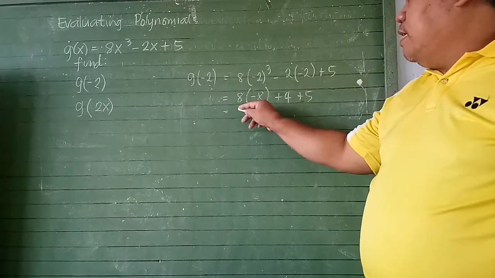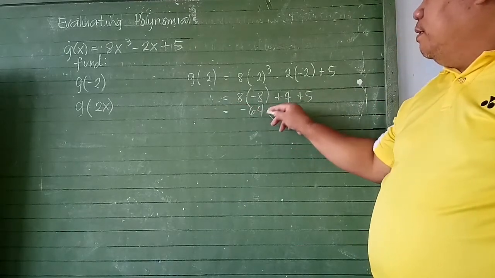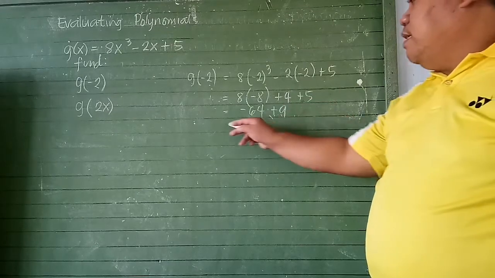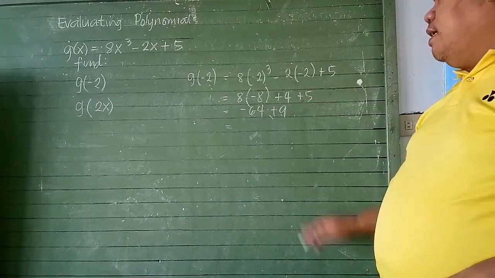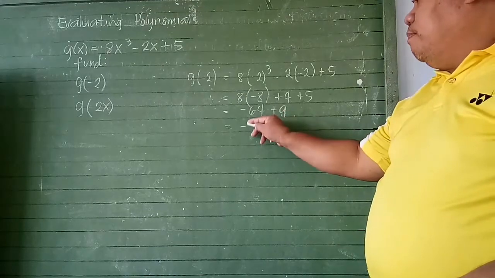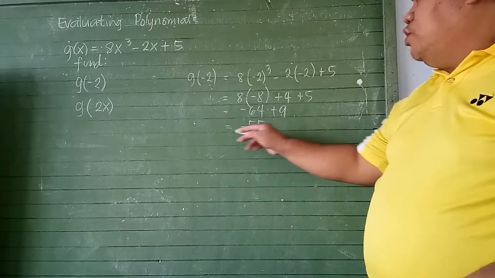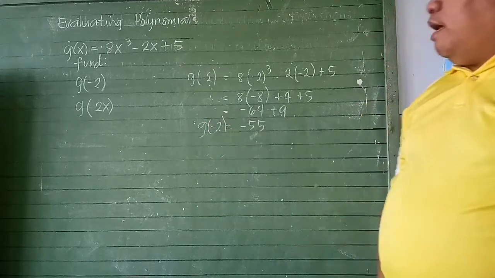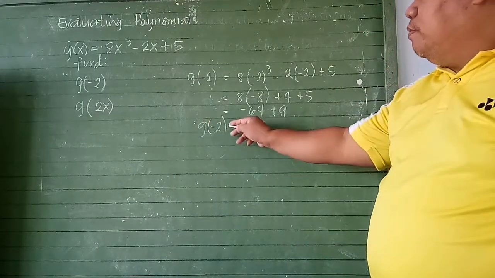So this is negative 64 plus 9, and this is negative 55. So that is g of negative 2.